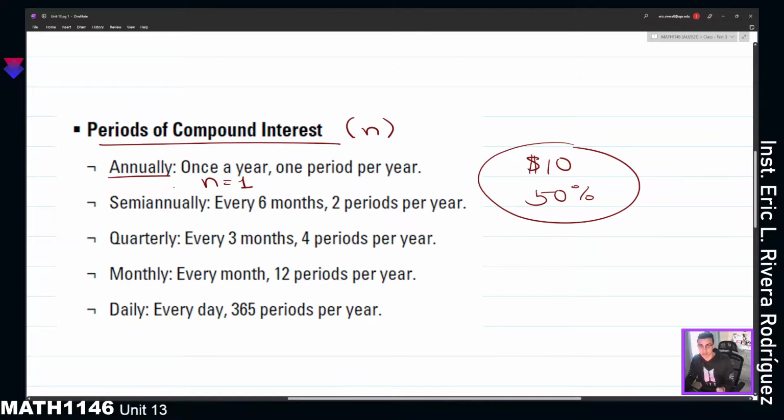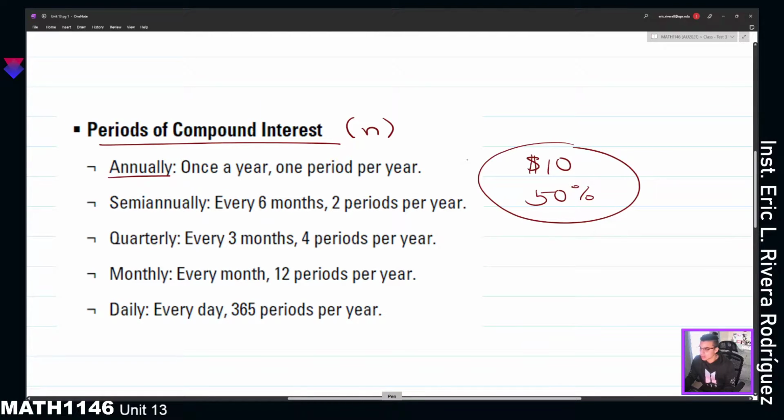You need to read and interpret the situation to know the value of n. If you see that the interest is calculated once per time, or annually, it means it is calculated one time per year. So the value of n is equal to 1.